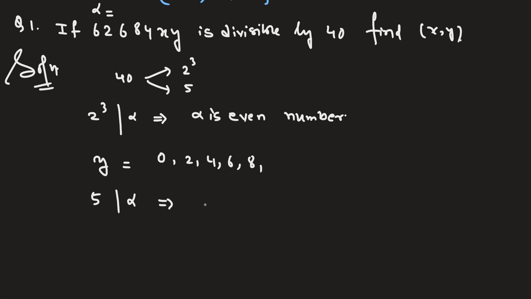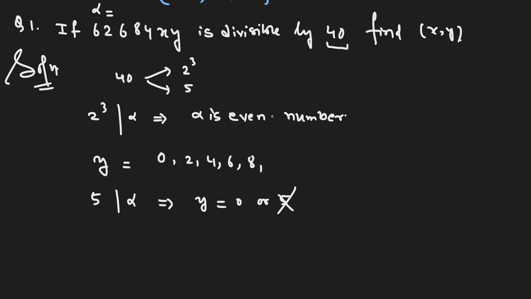So if 5 divides alpha, then y will be either 0 or 5. But you notice that 0 is the common value. 5 is not an even number, so we can't take this one. So what can we take in the place of y? 0 only.